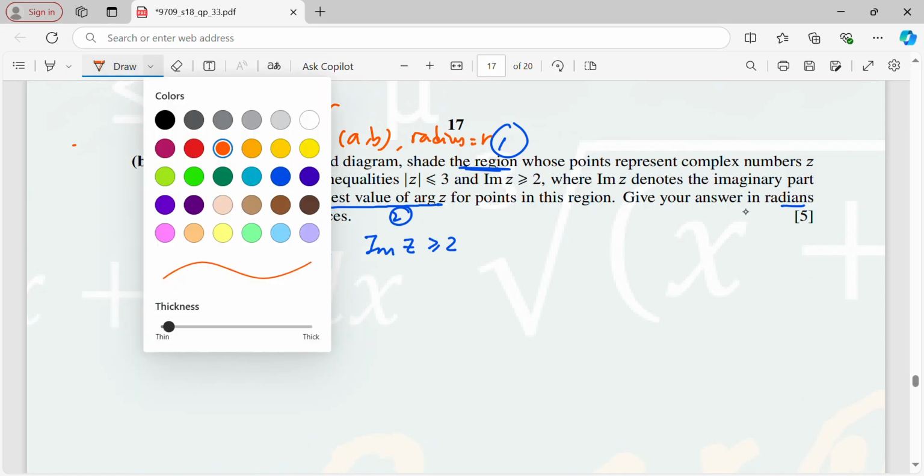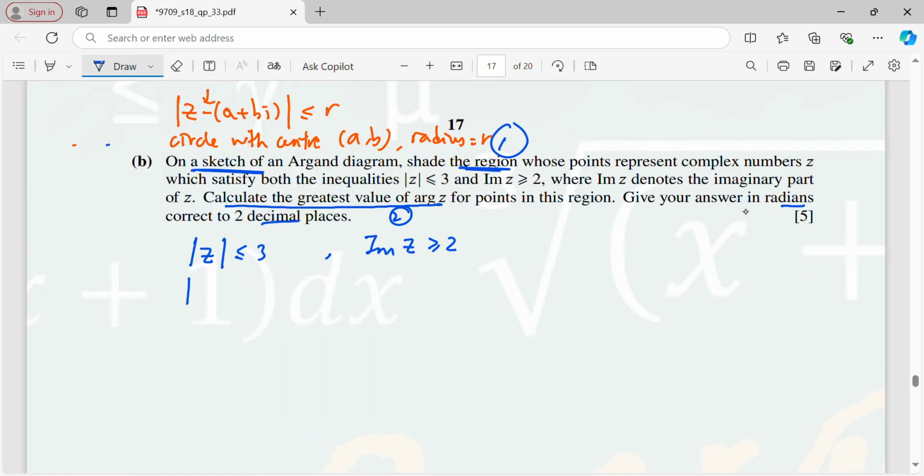So which means now here, I change to the same form. It will be z minus 0 plus 0i. That means this is a circle with center origin and radius 3 units.